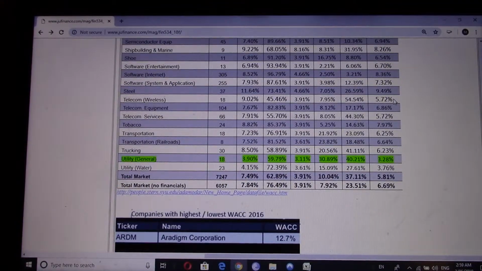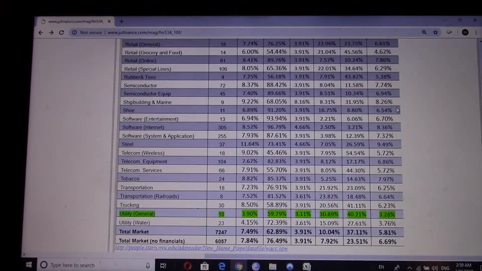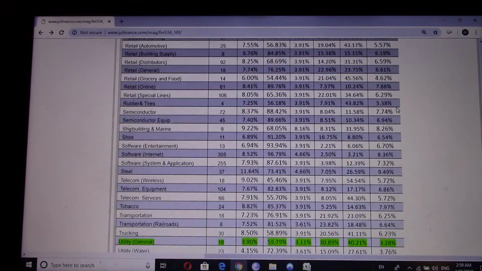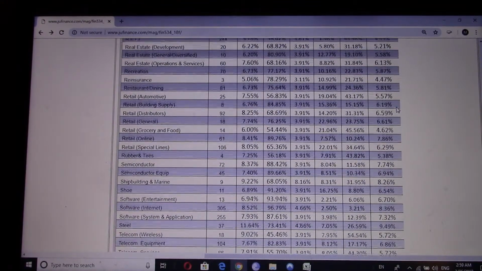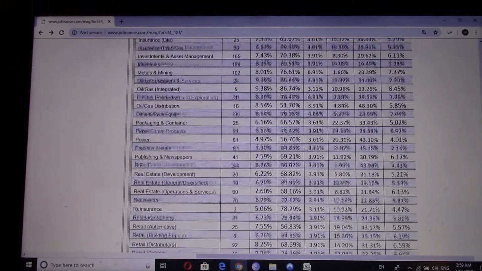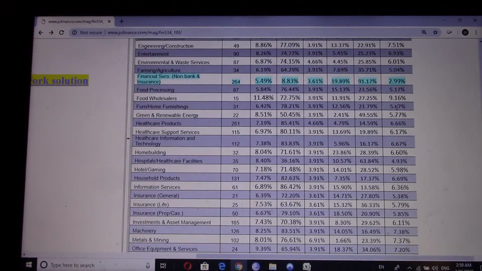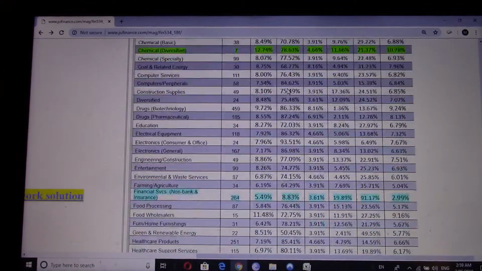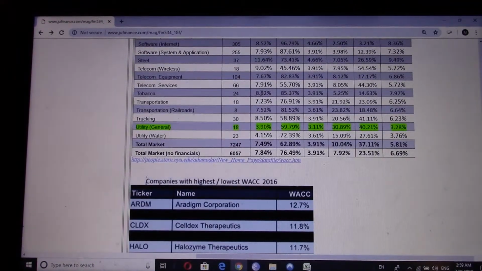The railroad has the highest WACC. But anyhow, you can find the WACC on my website. This is the link to find it.